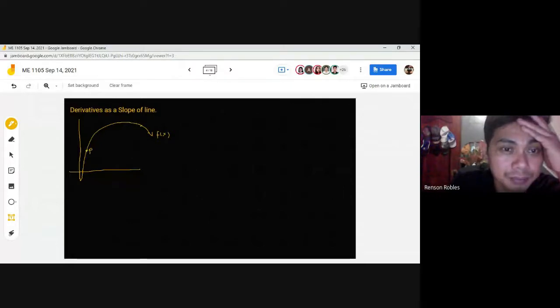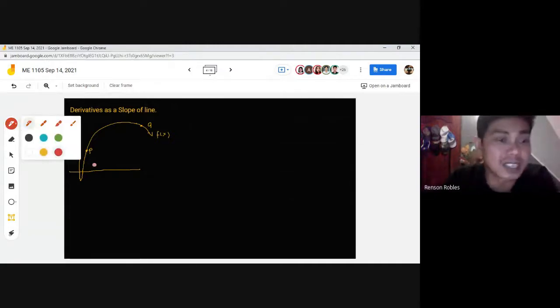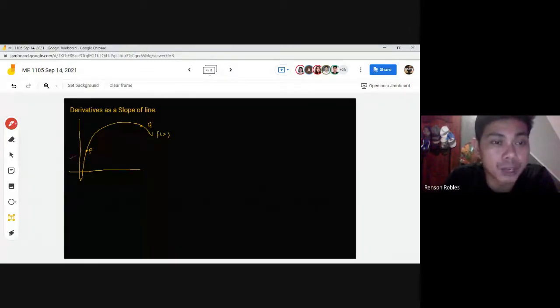And this is point Q. Just write it here. That's point Q. And I will draw a secant line. A secant line is a line passing through 2 points on the curve, passing through point P and Q. So I will draw a secant line passing through point P and Q. Okay, and then I will call this line L.